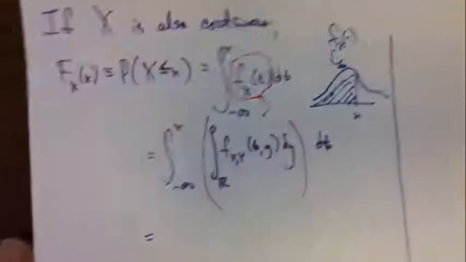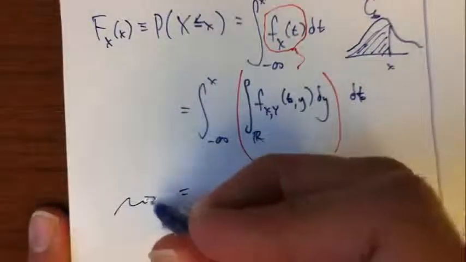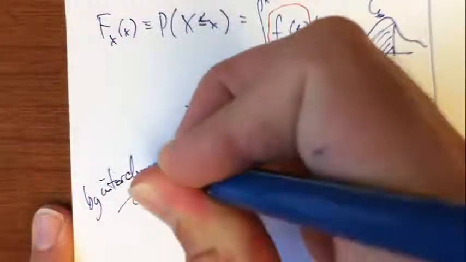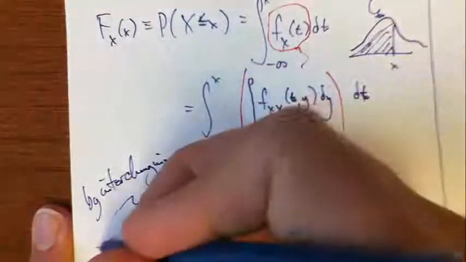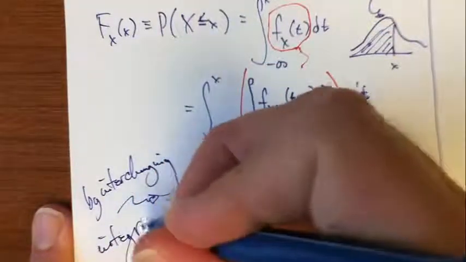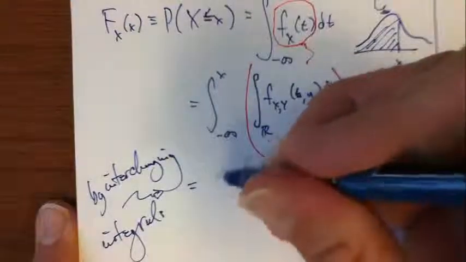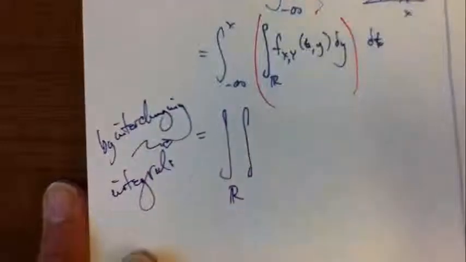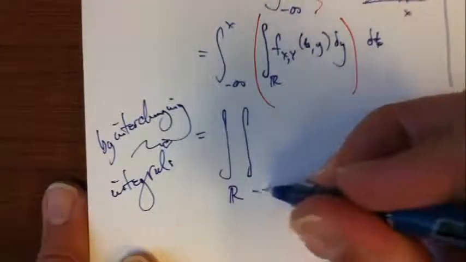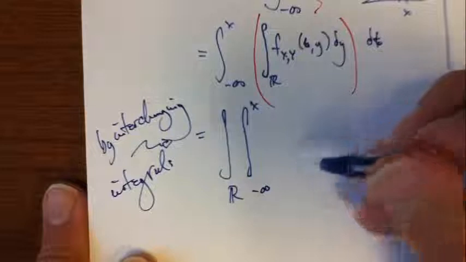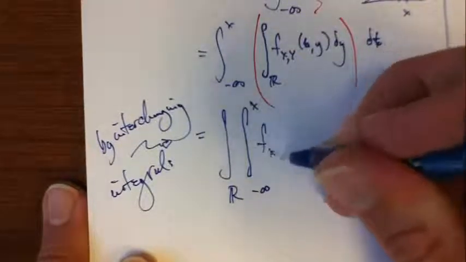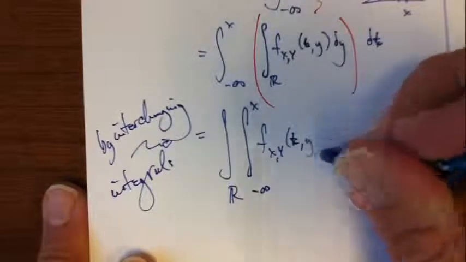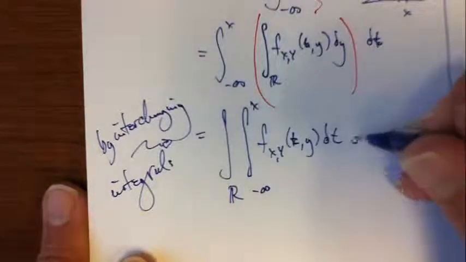So now, by interchanging the integral signs, swapping the order of integration, I can write this as the integral over the reals, and then the integral from negative infinity up to x of f sub X,Y of t and y, dt, dy.